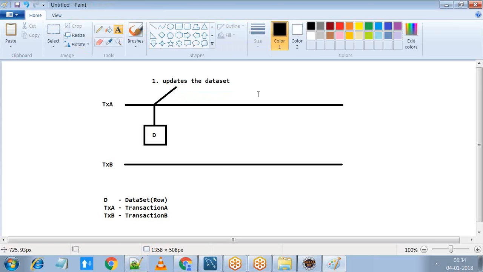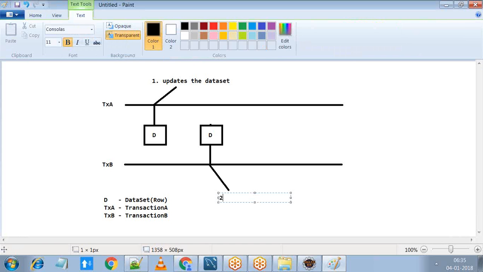Now the transaction B, again, also operates on the same data set, and it also does an update here. It updates this data set, the same row, same data set.